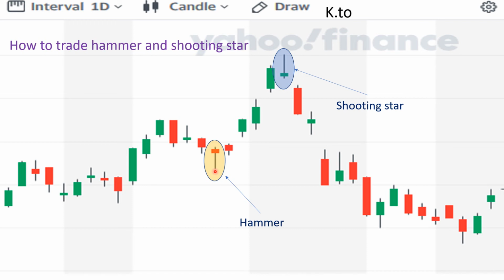Afterward, you see the trend going up here, and also here with the shooting star, the trend is going sharply down. I always advise my students to incorporate other technical means or price action with these pin bars to double check the entry and exit points. This way you minimize losing trades.